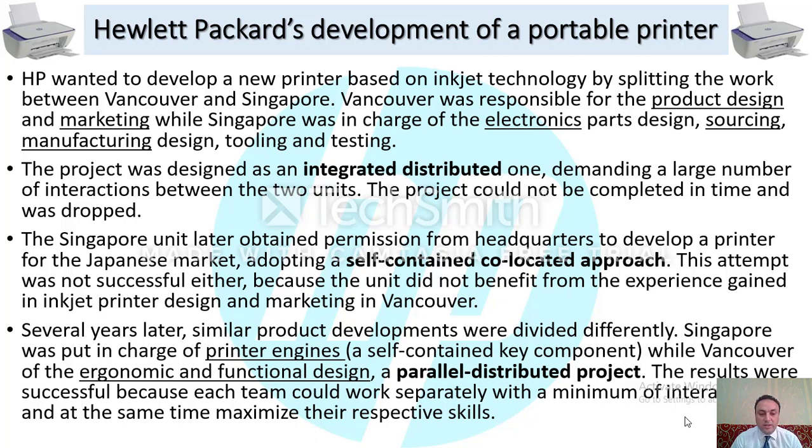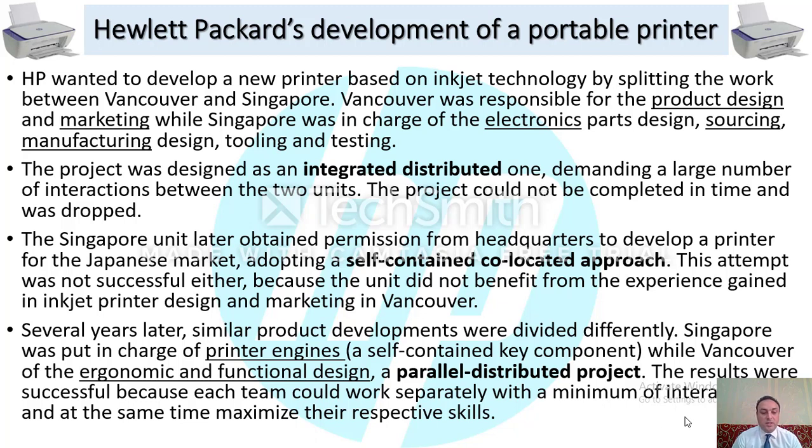After several years, similar product developments were divided differently. Singapore was put in charge of the printer engines, a self-contained key component, while Vancouver handled the ergonomic and functional design, which is using the third approach, the parallel distributed projects.